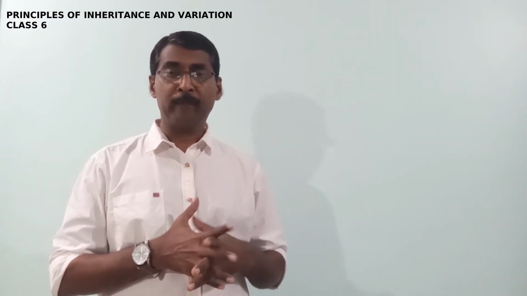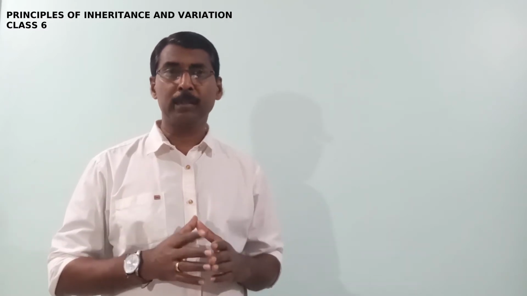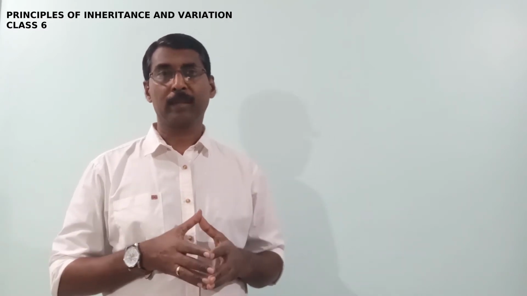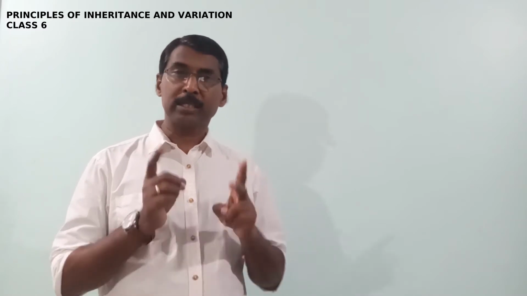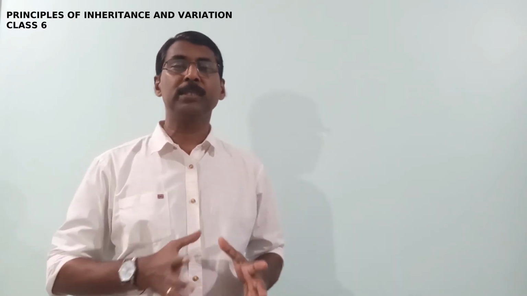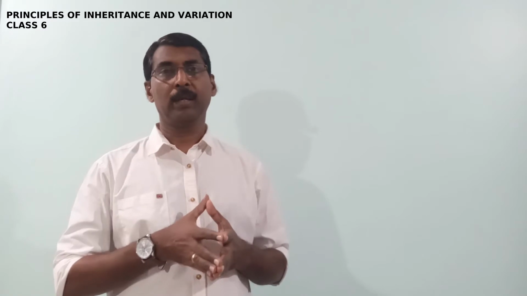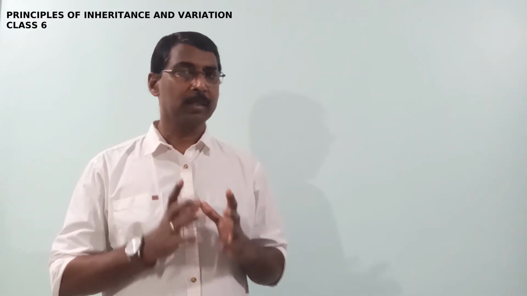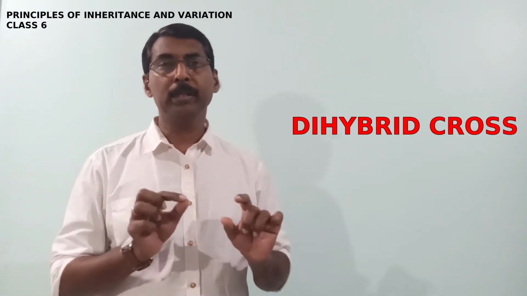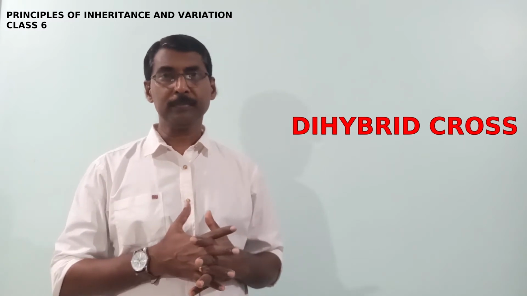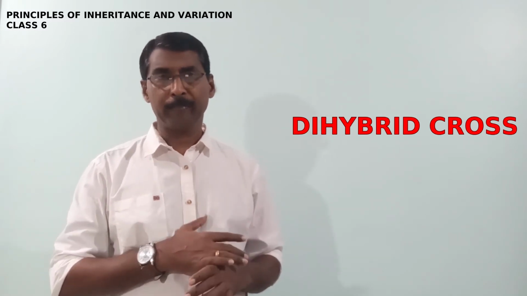So, this hybridization experiment, this cross, where two characters are considered or two pairs of contrasting features, contrasting traits are considered at a time, is called dihybrid cross. Di means two. So, two characters are considered at a time.